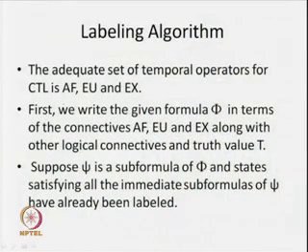But already we have seen that out of those 8, we need only 3, which are going to form the adequate set of operators. So, if we know the method for 3 operators, then we can handle all those 8. We are going to take one particular adequate set of operators which includes AF, EU and EX.